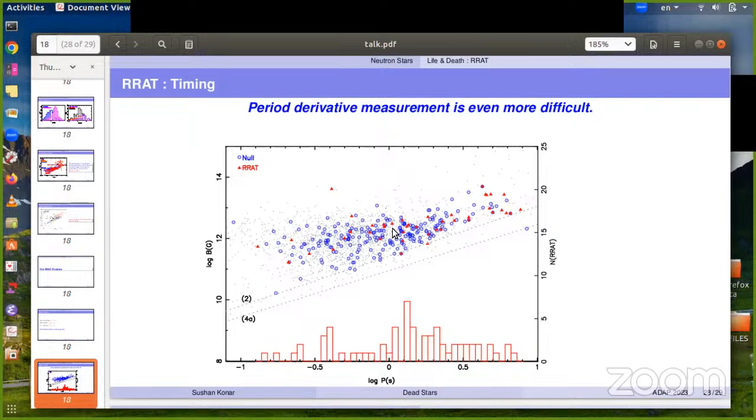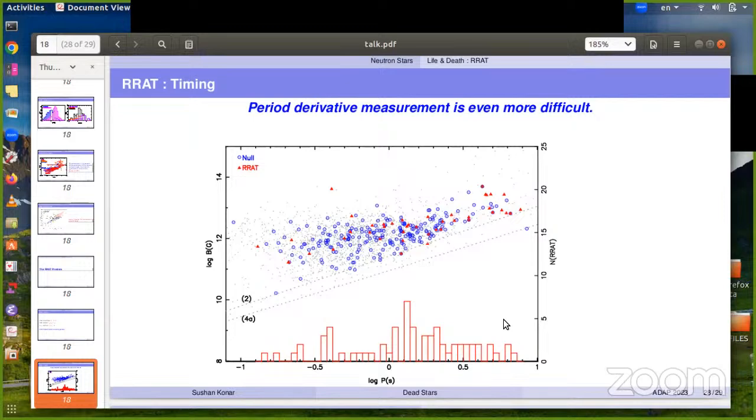First of all, what we would try to say is that all these objects for which spin period calculations are available but period derivatives are not available are prime candidates for investigation. Why? We know something about them. It's not that we do not know anything.